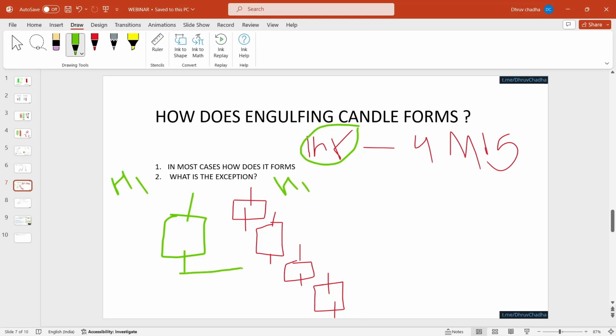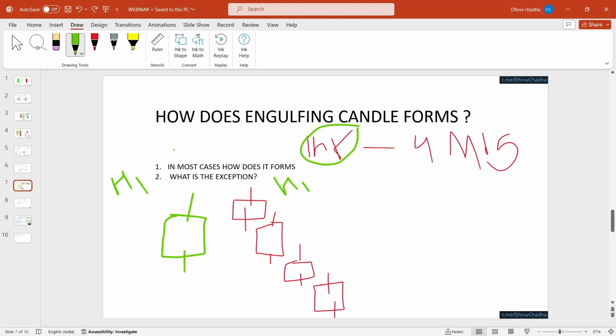So the low of this bullish candle is being engulfed by a series of two or more bearish candles. So when price takes two or more candles to break a certain low or a high, it depends on the case, that's what we call a blend engulfing candle. Okay. So simply when two or more candlesticks take out the low of a bullish candle, that's what we call blend engulfing, and it will be the vice versa case for the bearish engulfing candlestick.